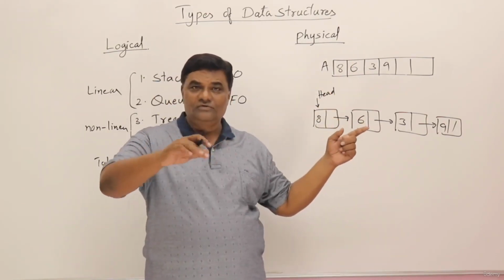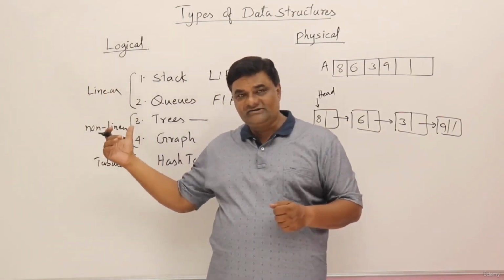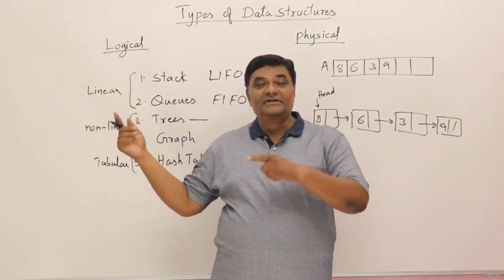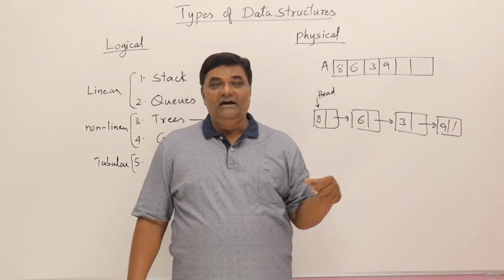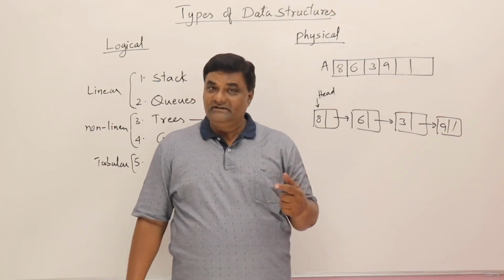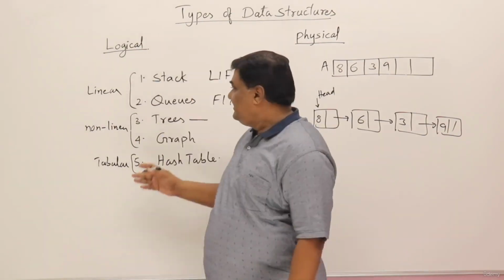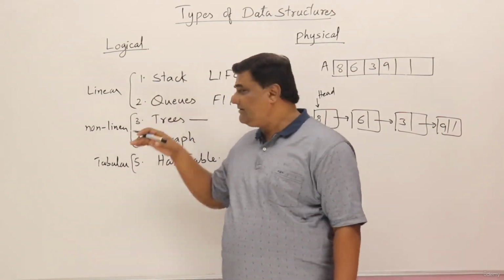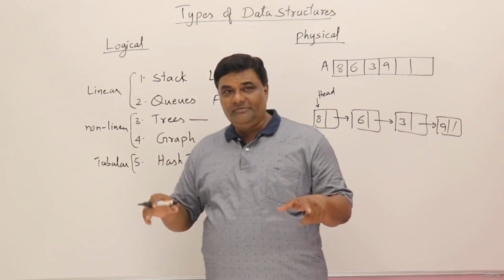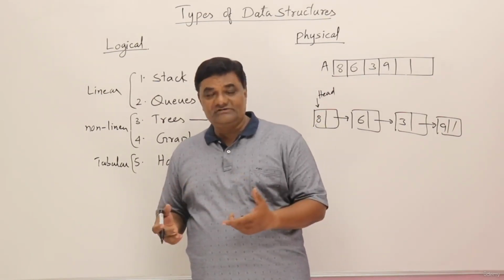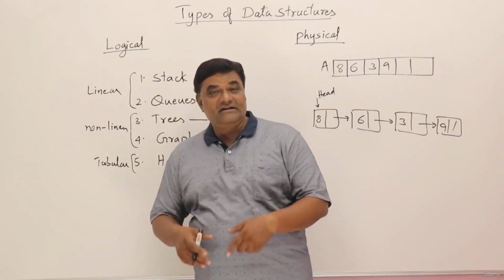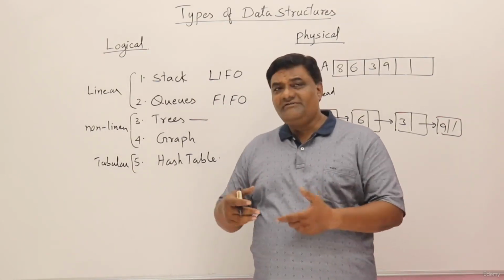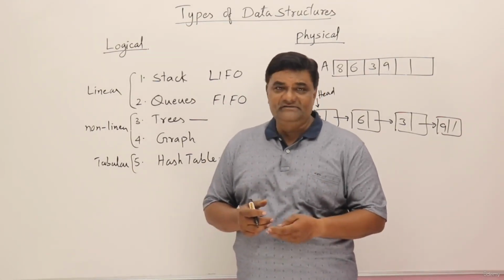So throughout our course, we will learn about each data structure, and we will implement them using array as well as we'll implement them using linked list. So we have to learn this. Here I have given just names of some of the data structures. If you pick up each topic, there are a lot of subtopics in them. Like there are different types of queues, there are different types of trees, and there are different types of graphs. So each and everything we'll learn in detail.